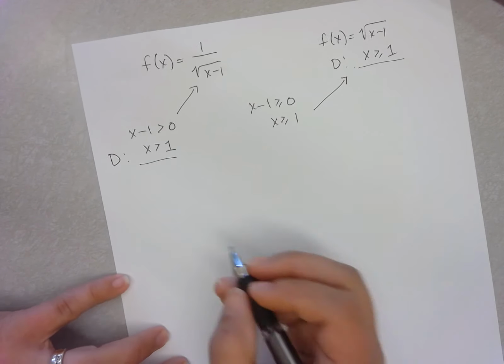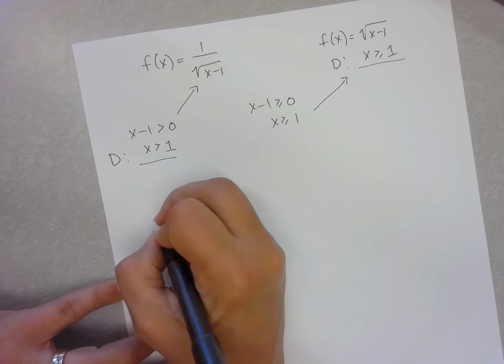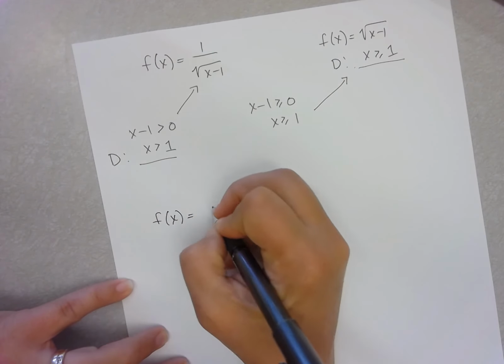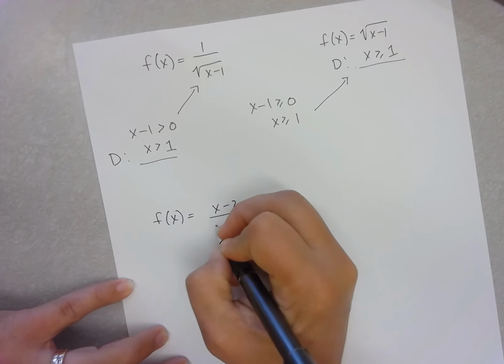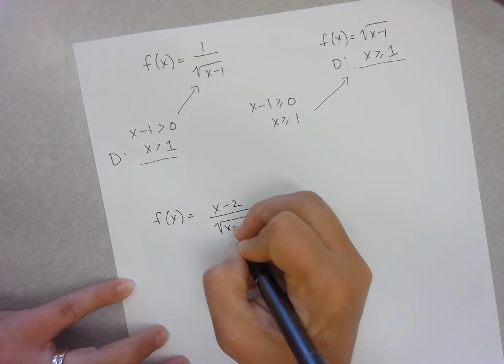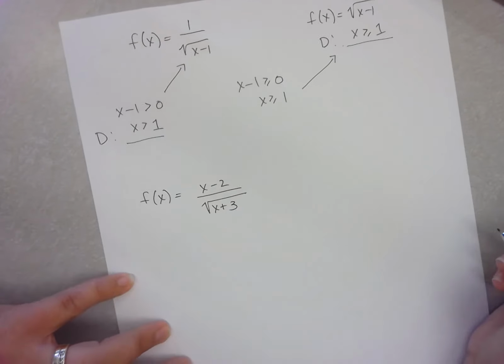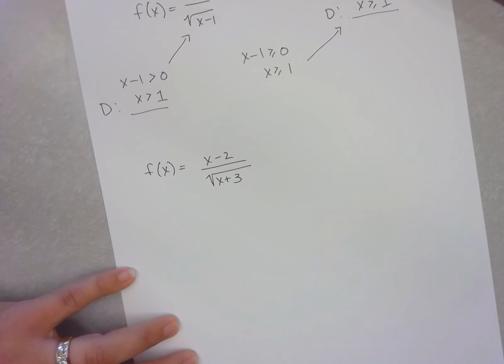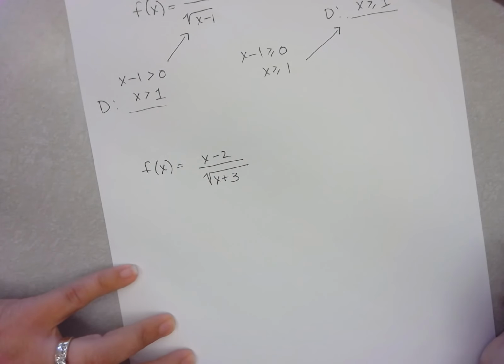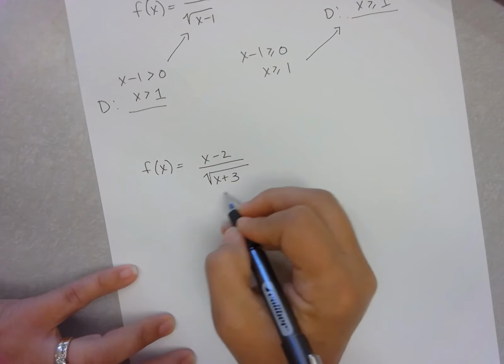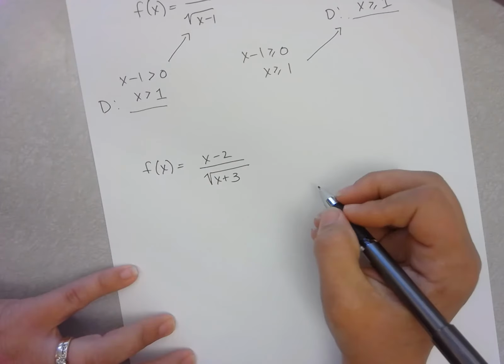All right, so let me do one more interesting example. What if I have x minus 2 in the numerator and the square root of x plus 3 in the denominator? Okay, so I have two different things here. Again, I have in the denominator the square root of x plus 3.